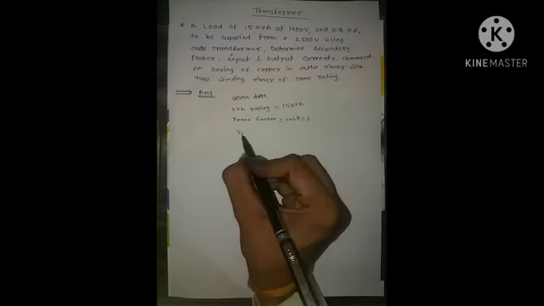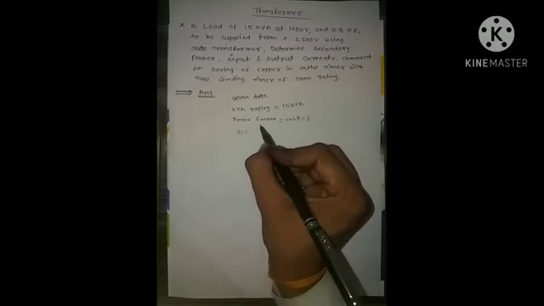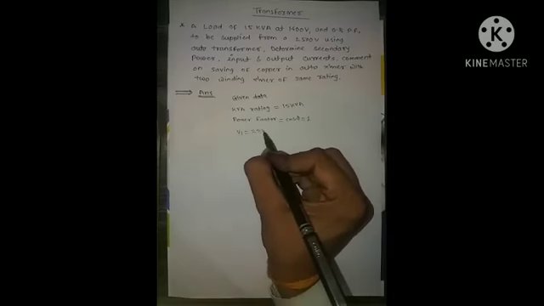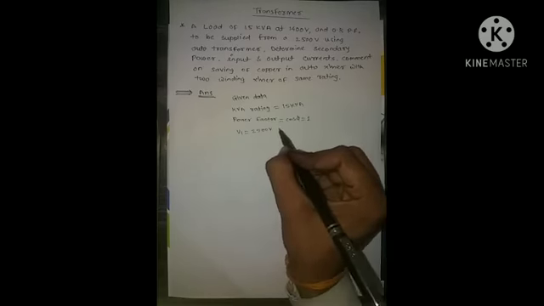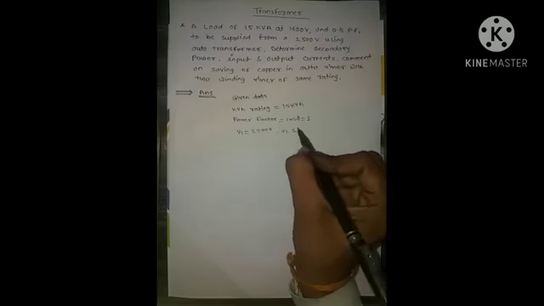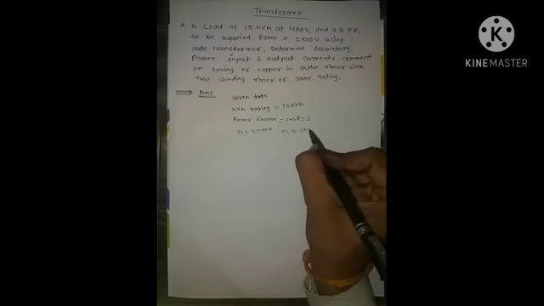After that V1 is also given, V1 equals 2500 volt. V2 is given, 1400 volt.